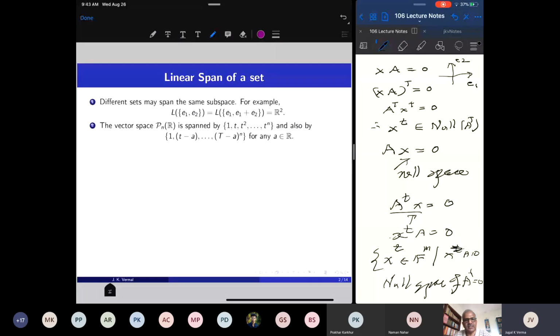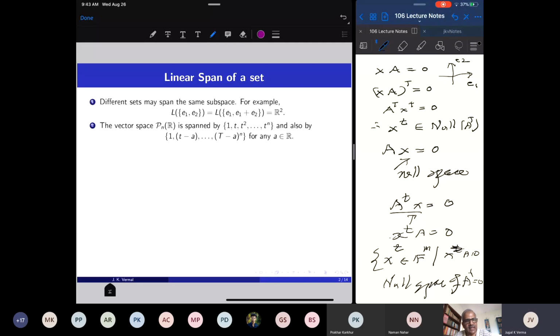Okay, look at the vector space P_n(R) of all polynomials in t. These are general polynomials like A0 plus A1 t plus A2 t square up to An t to the n, and you can check this is also spanned by 1, (t minus a), up to (t minus a) to the n, for any real number a you fix.